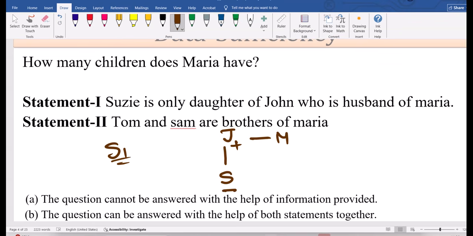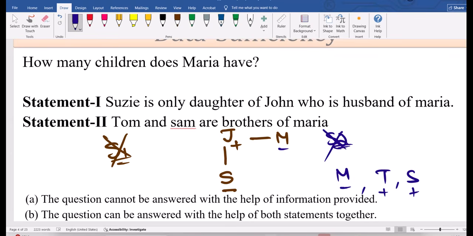But only daughter, not only child. Okay, so 1 alone is not possible. Statement 2 alone: Tom and Sam are brothers of Maria. Okay, but with that, we cannot say about her children. 2 alone is not possible. Can anyone say together? Can we do it? Put together also no.